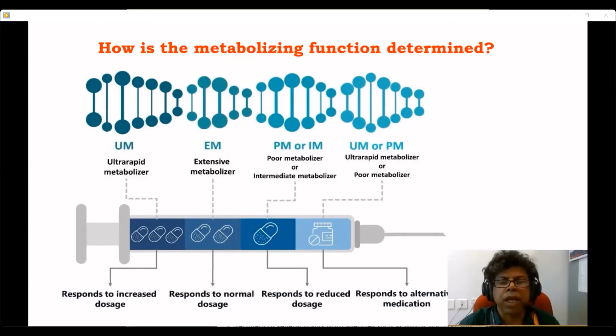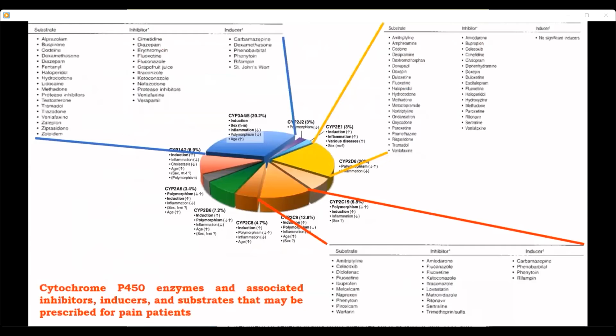In the case of a poor metabolizer, you require a lesser drug, but it may not be metabolized properly, and the drug may accumulate in the blood, and the pharmacokinetics will be very poor. So in such cases, it is important to prescribe alternative medication to the patients.